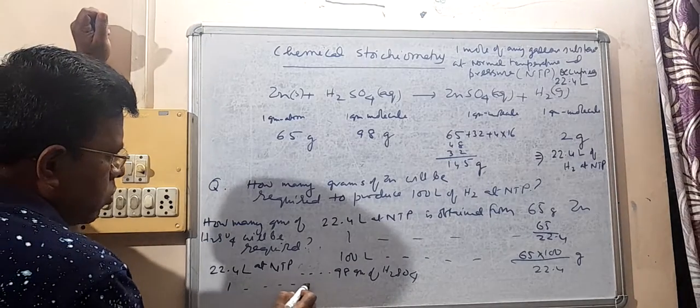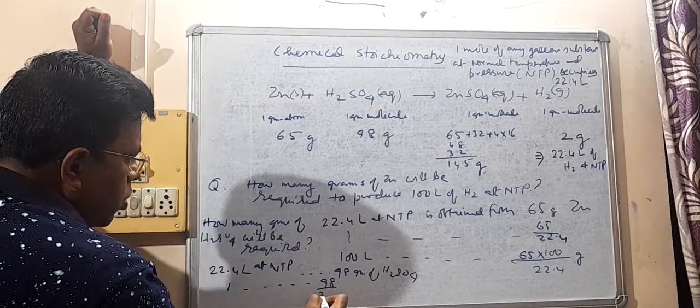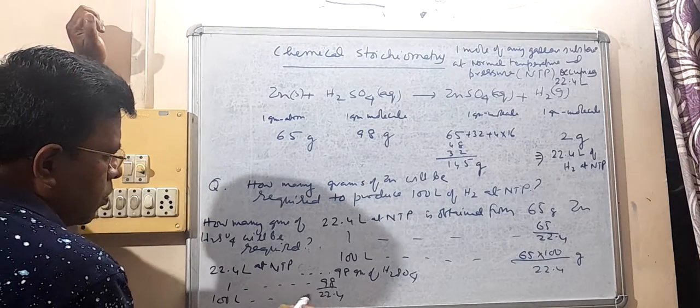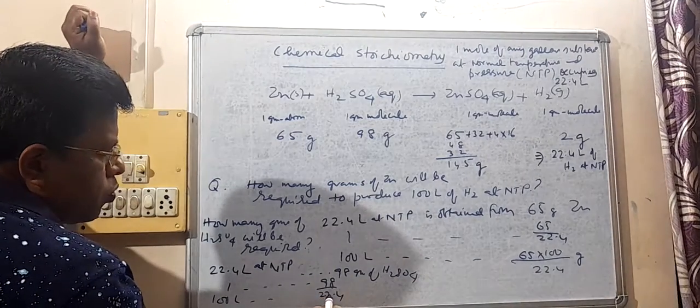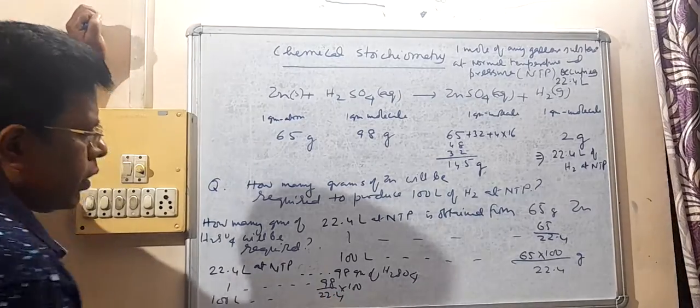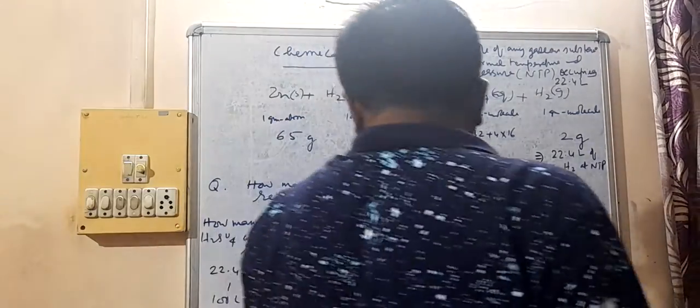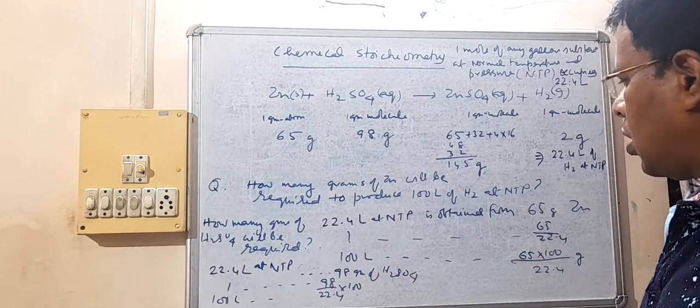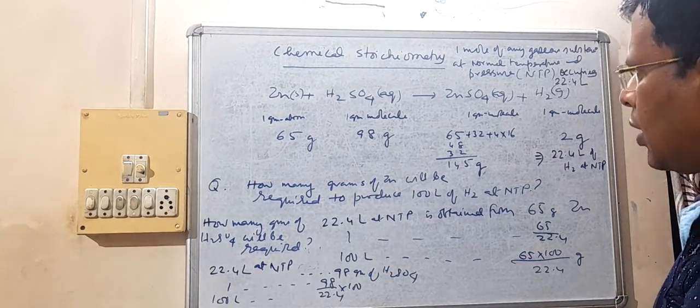So 1 liter will be obtained from 98 by 22.4, and 100 liters will be obtained from 98 by 22.4 into 100. So we can find out the amount of sulfuric acid that is required.